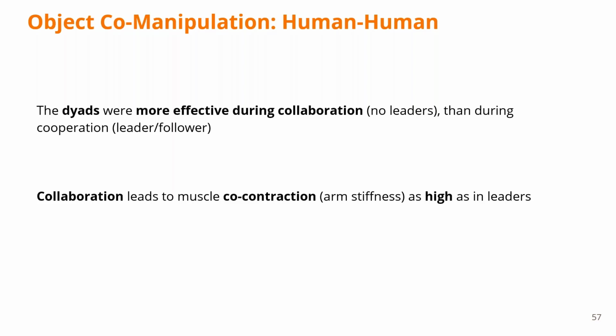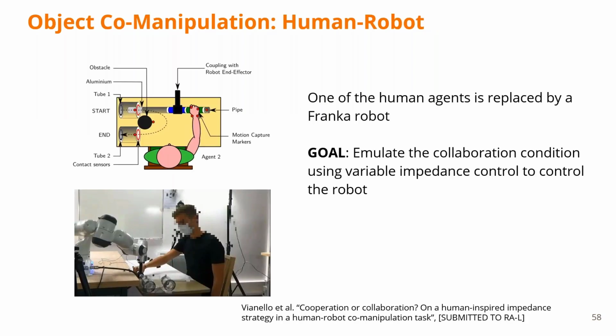So with this information, we were able to finally propose a human-robot interaction variable impedance strategy for the robot for the same task that hopefully could be just as efficient as this human-human collaboration without pre-assigned leaders. In this other follow-up study, one of the human agents was replaced by a robot manipulator, the Franka Panda robot.